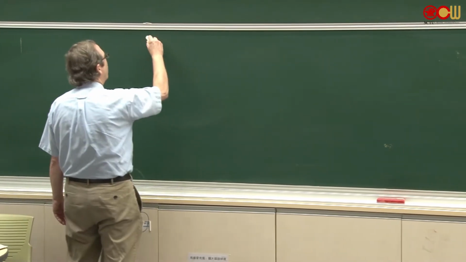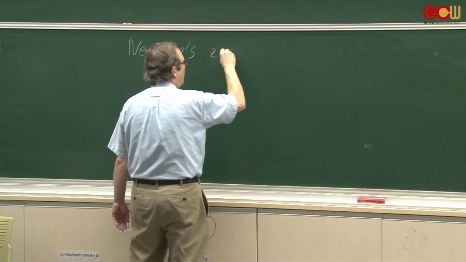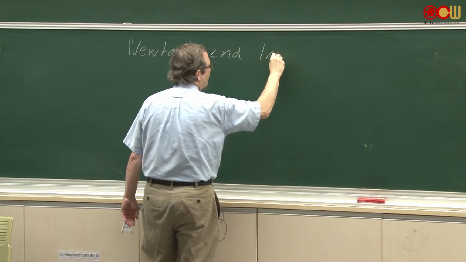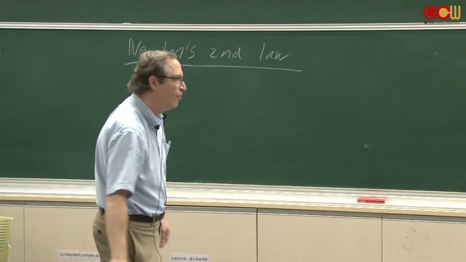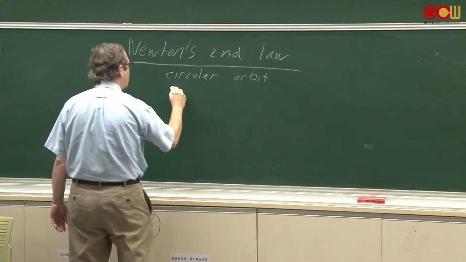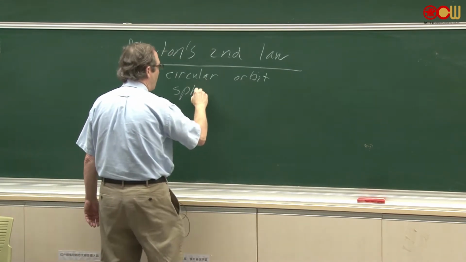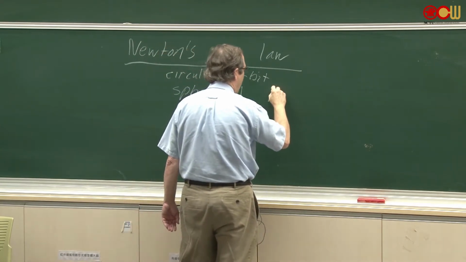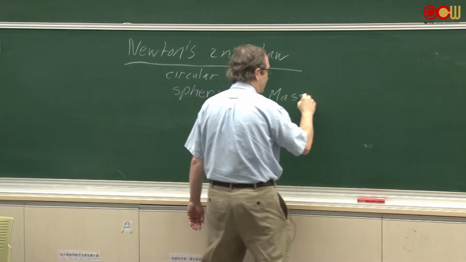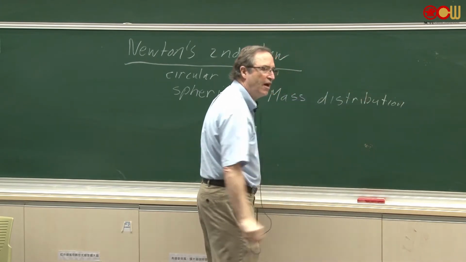So we're going to start with Newton's second law. And just to make things easy, we're going to assume circular orbit. And we're going to assume, even though this is not quite right, it's good enough, spherical mass distribution. I mean, it's not quite right.